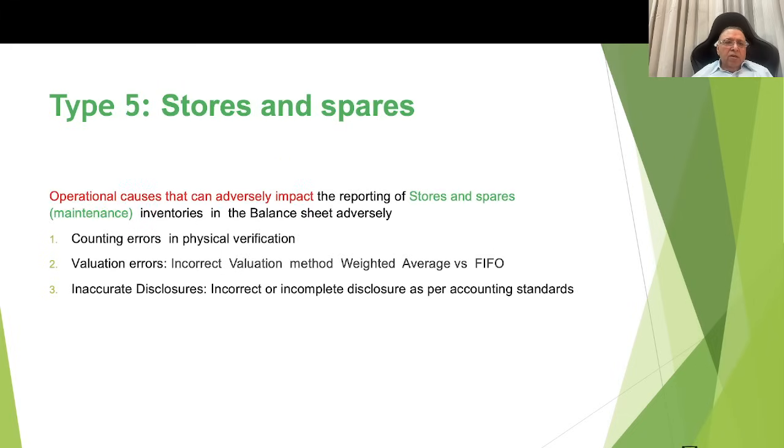Stores and spares. Operational causes that can adversely impact the reporting in the balance sheet. Here by spares I mean maintenance spares. The causes can be number one, counting errors in the physical verification. Number two, valuation errors, incorrect valuation method. Number three, inaccurate disclosures vis-a-vis accounting standards.